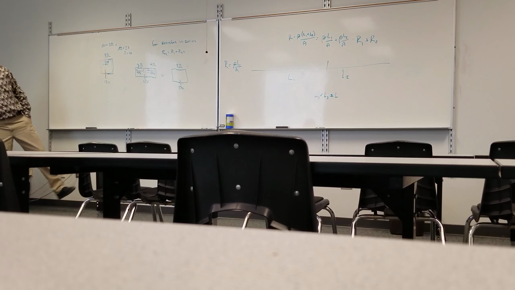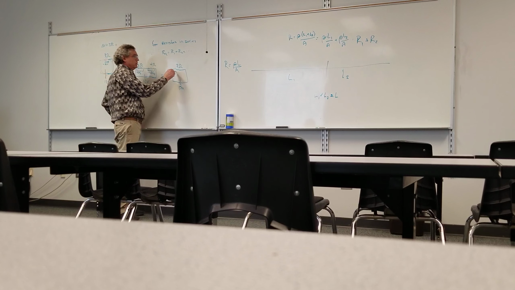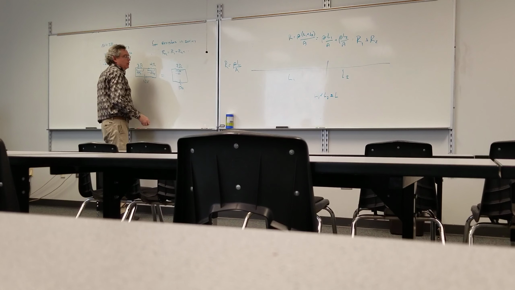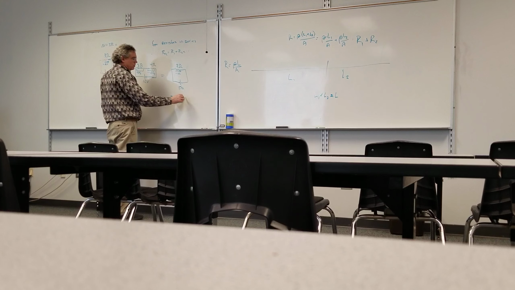And so now I can figure out the current because I know the voltage drop across that is 12 volts. And so my current is 12 volts divided by 7 ohms, which is 12/7 amperes, whatever it happens to be.